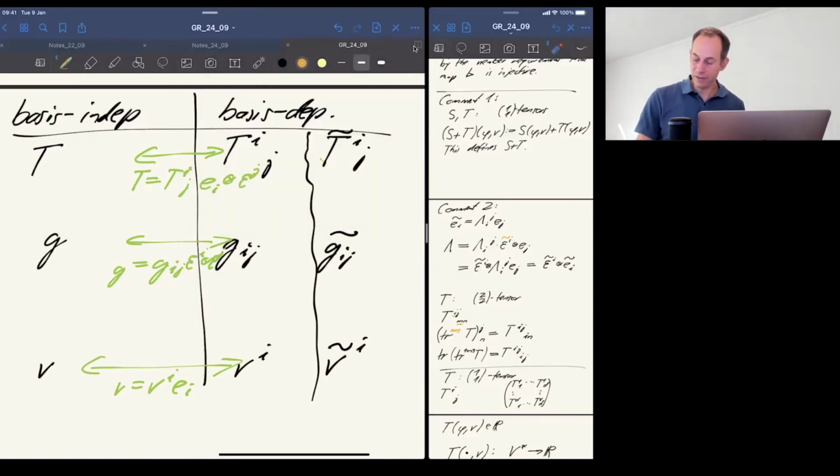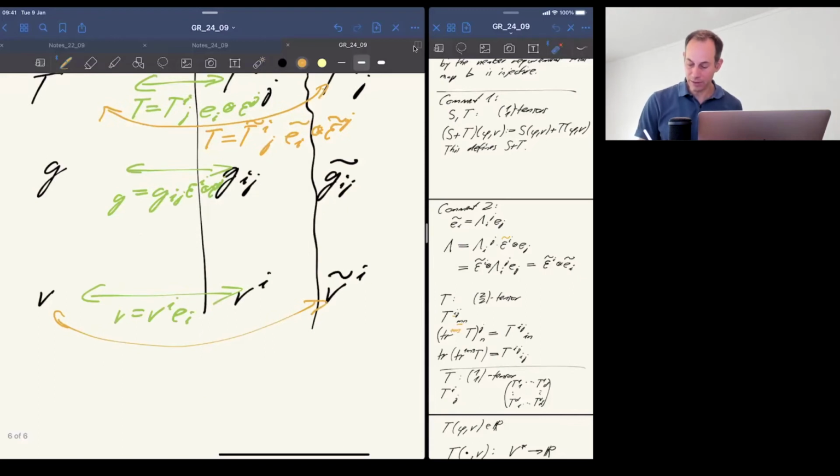If I want to go here, for example, I just write that T is equal to T tilde^i_j, e_i tilde epsilon^j tilde, and so on. As an example, V is now V tilde^i times e_i tilde.